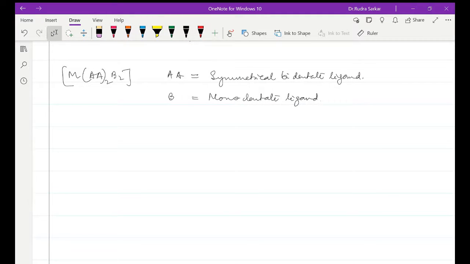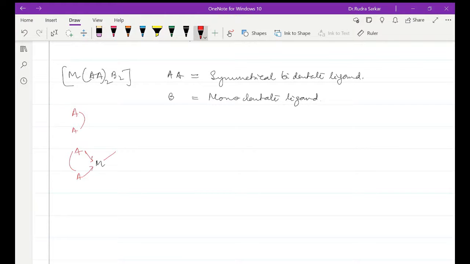Now what are the possible arrangements? So for the bidentate ligand, as I have explained before, A and A are connected via a curved line, which is indicating that there is an existing chain over there. And mostly these type of bidentate ligands can take up the positions of a bite angle of 90.